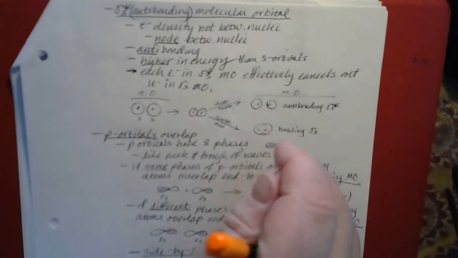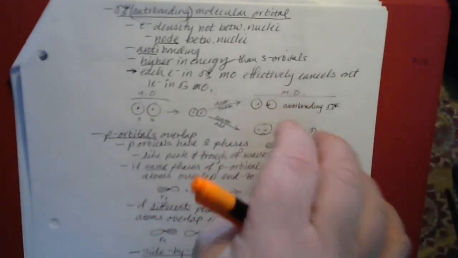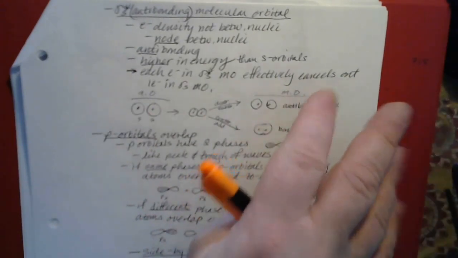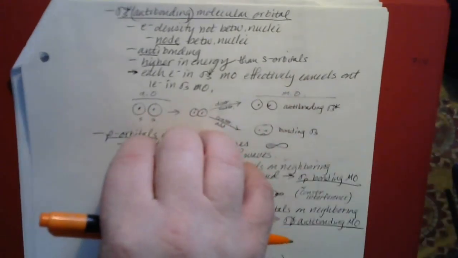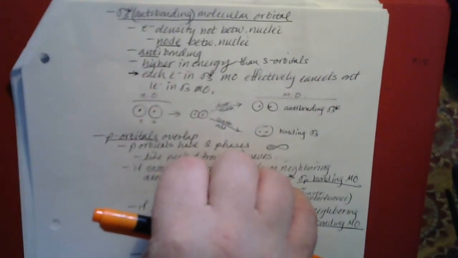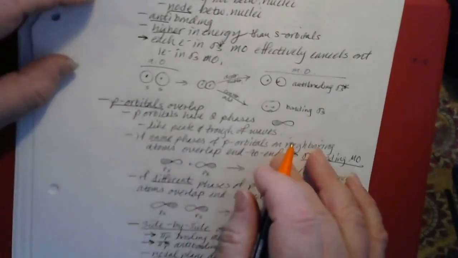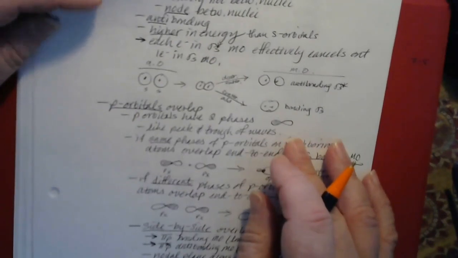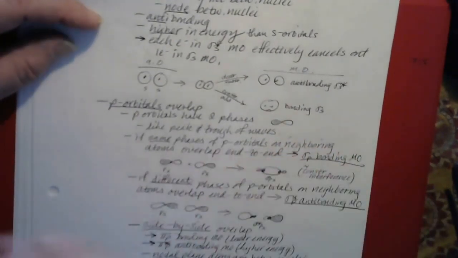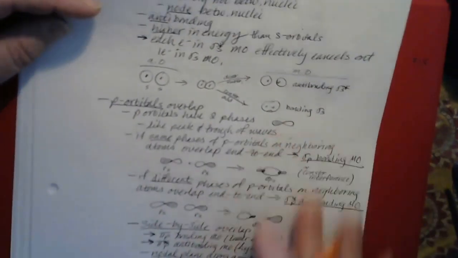In cases where you have the same number of electrons in anti-bonding molecular orbitals as in bonding molecular orbitals, the bond doesn't form. If you have more electrons in bonding molecular orbitals than in anti-bonding molecular orbitals, then you have a bond.